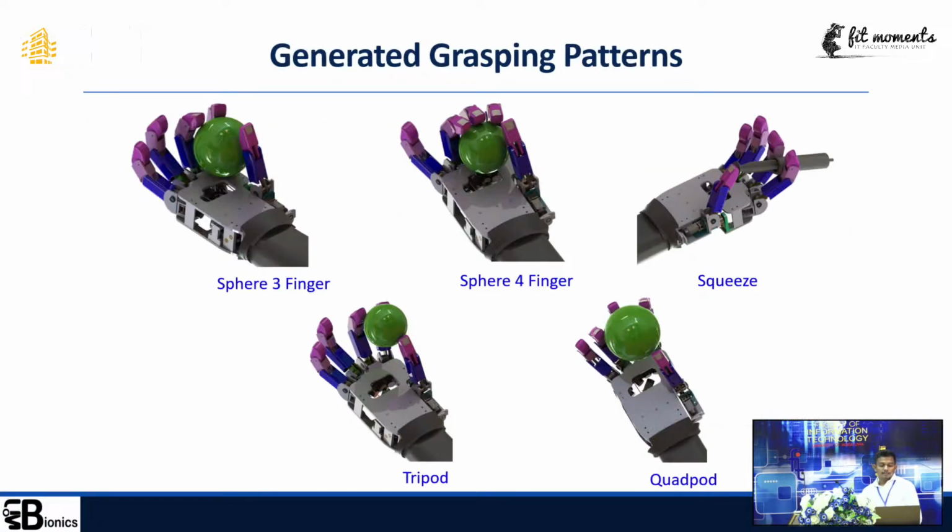After generating the prosthetic hand and evaluating the FEA and motion simulation, I generated grasping patterns using that CAD model to evaluate the capability of individual abduction, adduction motion and grasping patterns. These are some generated images. First ones are 3-finger spread, 4-finger spread, squeeze, tripod and quadpod used to evaluate the model.